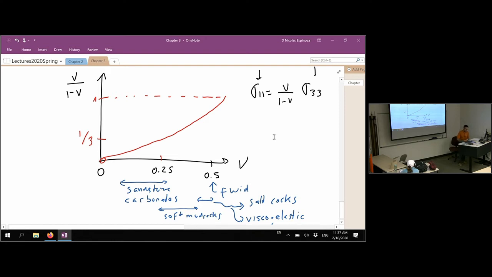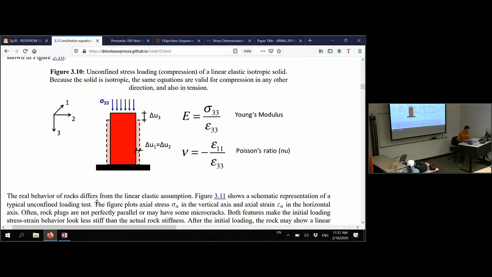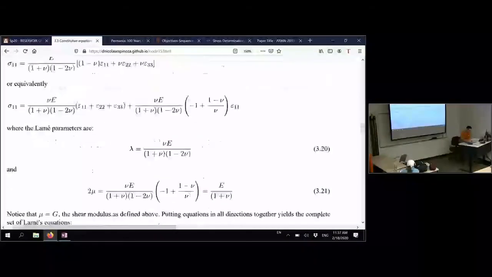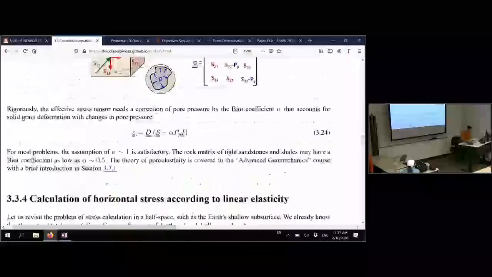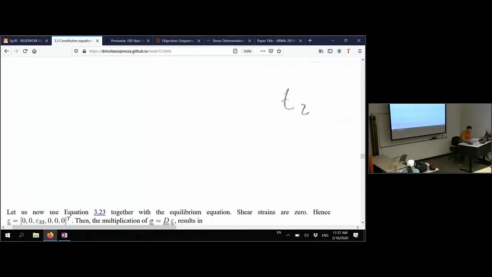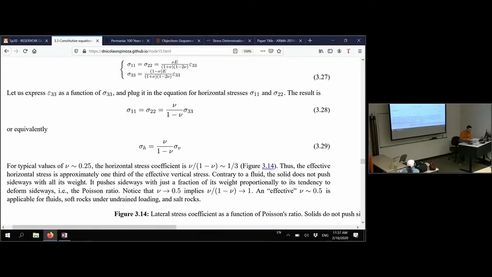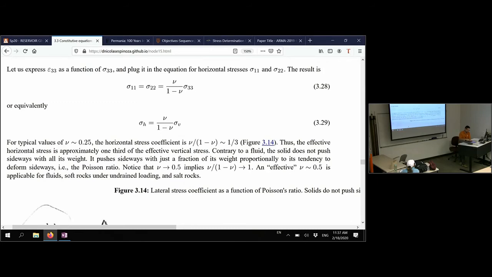All right, so let's come back now to the notes and see what the equations look like in cleaner format. So we have used these equations to calculate what is the horizontal stress as a function of the vertical stress.